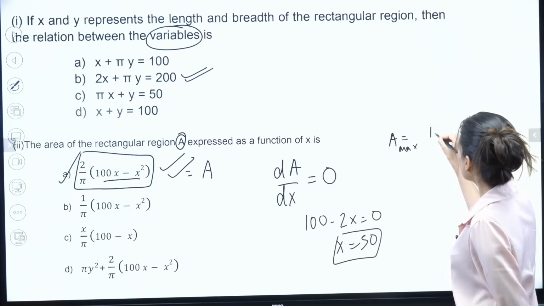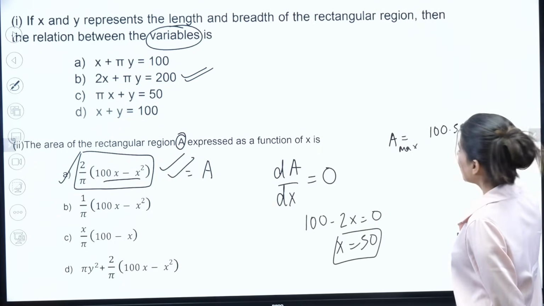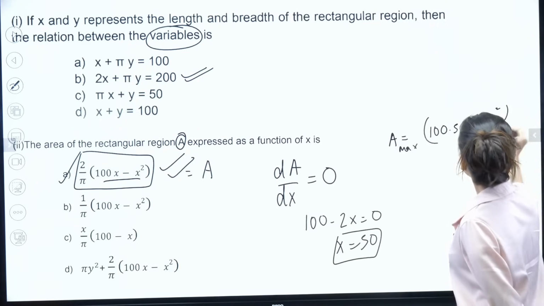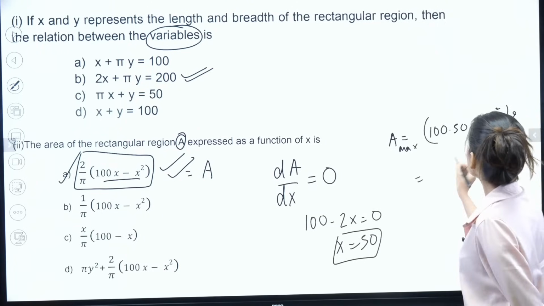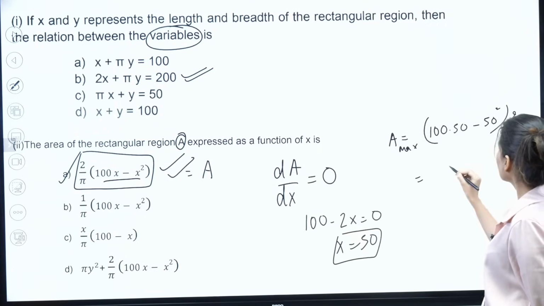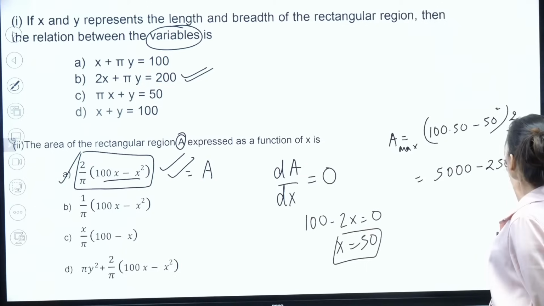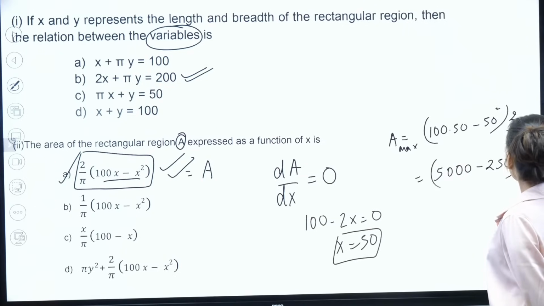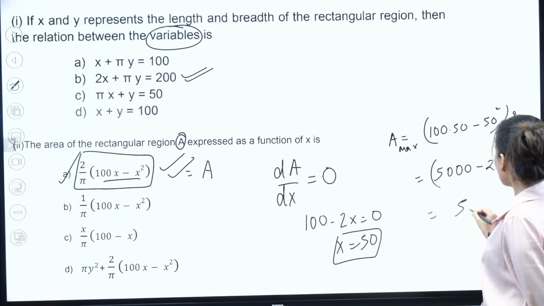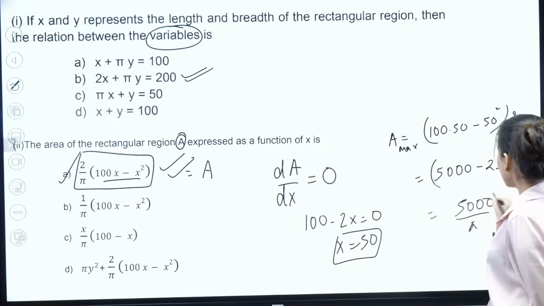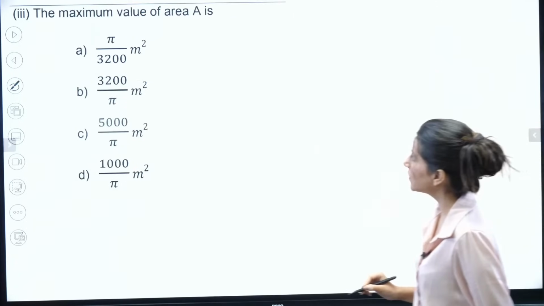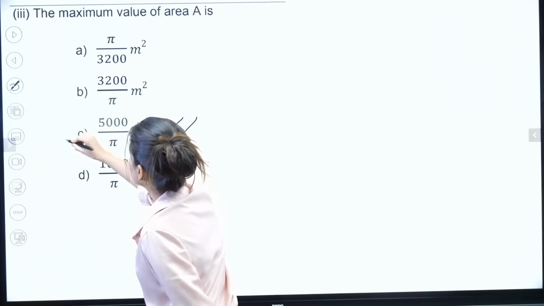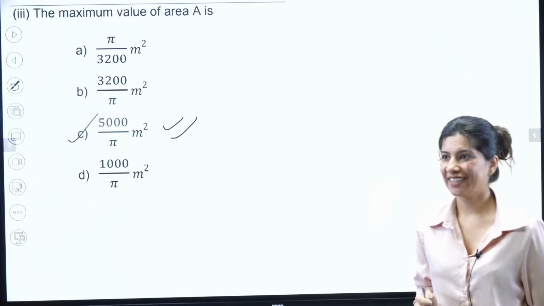So this is going to be 100 into 50 minus 50 square, and 2 by pi is already there. So 5000 minus 2500, and we have 2 upon pi. So this is going to be 5000 upon pi, the area. The answer is 5000 upon pi. Option C is absolutely right.